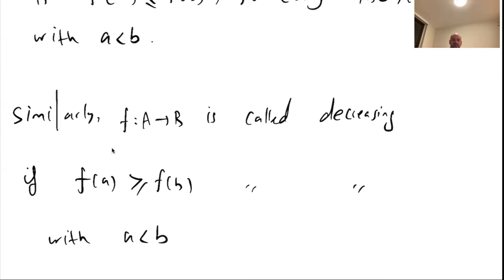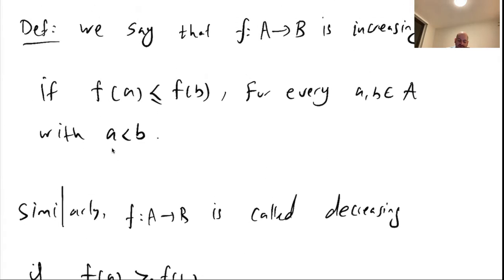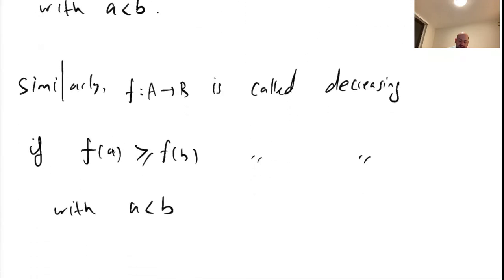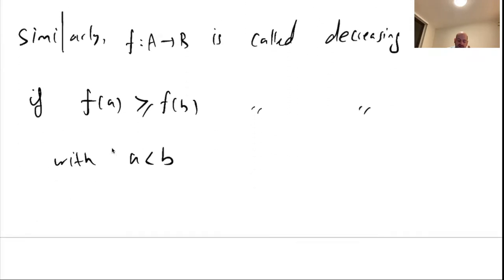So decreasing means as you increase the inputs, the outputs must decrease. See, in the increasing, as you increase the input from a to b, the output also increases from f(a) to f(b). But here, as you increase the input from a to b, the output decreases from f(a) to f(b).